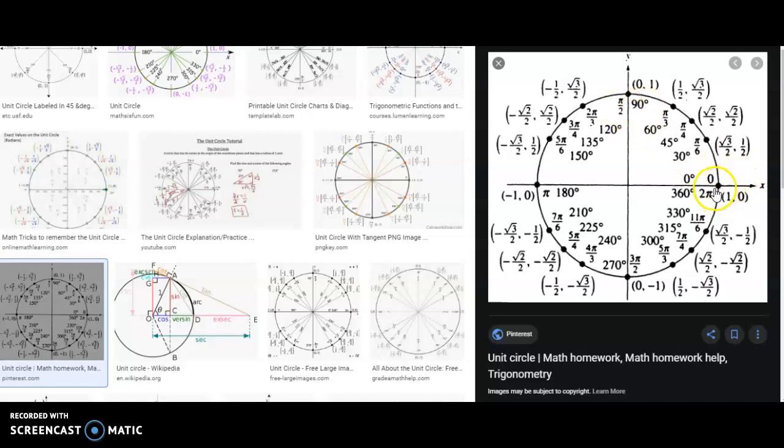Your starting point is 0, and then you're counting a half, whole, 1.5, back to 2. Your coordinate points here are just simple algebra 1, going over 1 up 0, over 0 up 1. And to memorize these points, that's what the hand trick is for. But you could also just, if you can start at 1 up here, go 1, 2, 3, and then 1, 2, 3. So those are a couple of tricks.